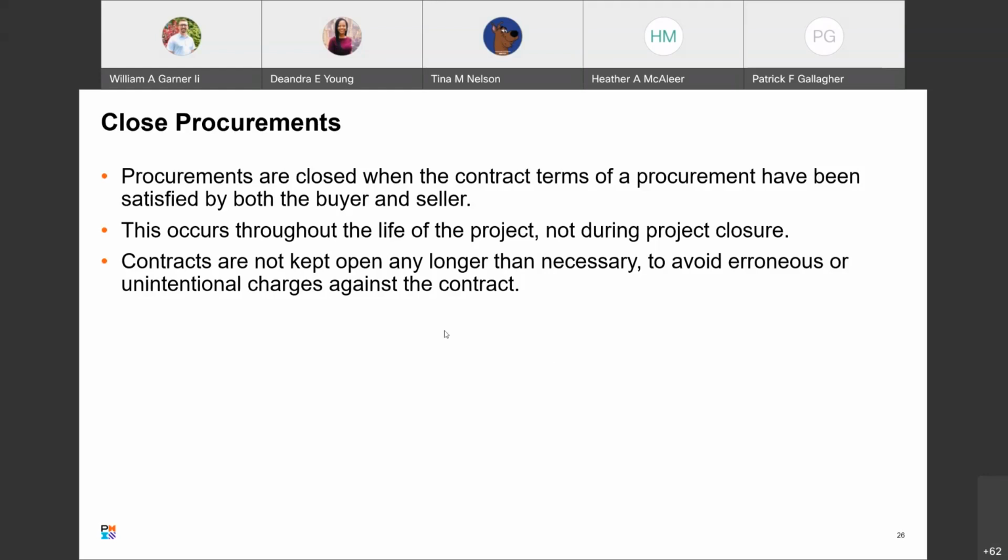That is one way to close the procurement: you decide you no longer want to do business with this person, or maybe they sell the company. That would be another way that you would have to close out the documents. So I hope that added something.